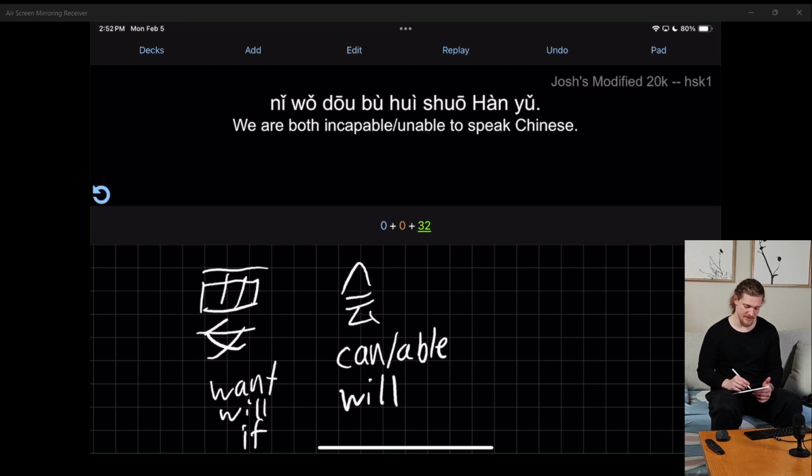So, there's this kind of weird overlap where you'll have multiple word options that can both mean something quite similar. So I could say 我要去北京 means I will go to Beijing. 我会去北京 means I will go to Beijing. 我能去北京 means I can or I'm able to go to Beijing. 我可以去北京 means that I have the opportunity and I'm willing to go to Beijing.